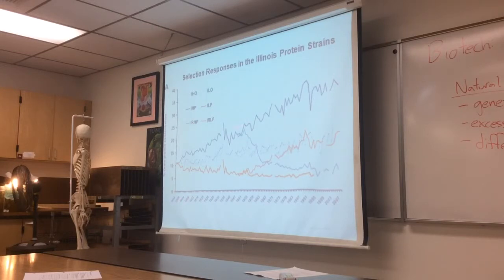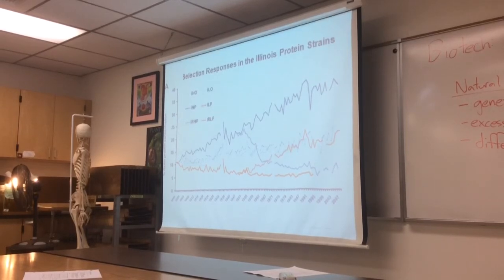What this top line shows is that each generation, they looked at the corn kernels and selected the ones that had the most protein. They've been doing that every year for the last 110 years or so, and they've been able to significantly increase the level of protein. So for some traits, you can keep doing this from generation to generation, which is really pretty cool.